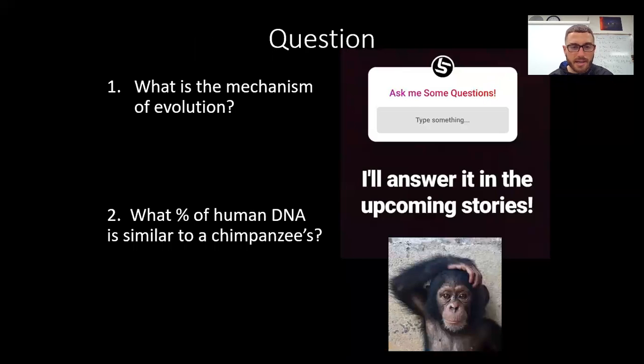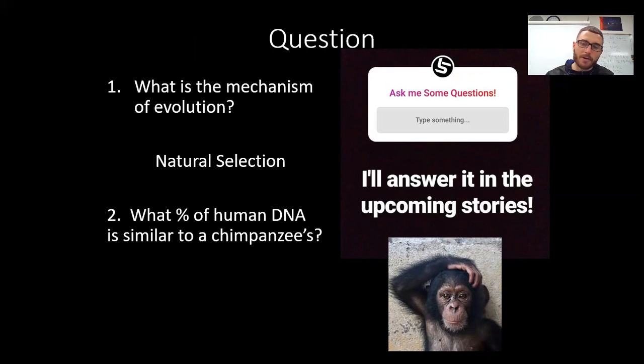And then let's go ahead and check out a little video, but you don't need to write these down. This is just for discussion's sake in class. What is the mechanism for evolution? What's the decider in evolution? It's nature. We call this natural selection. And here's a good question. See if you can guess it before you pause. What percent of human DNA is similar to a chimpanzee's?